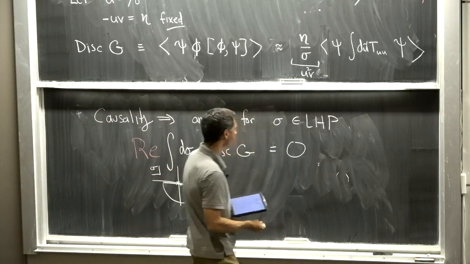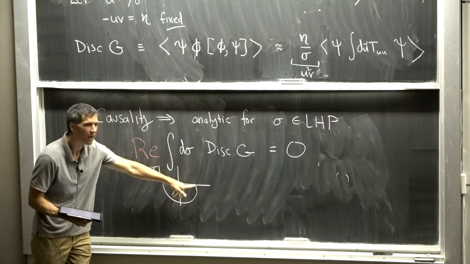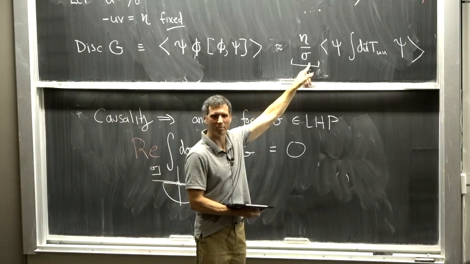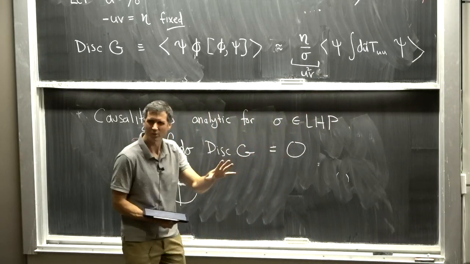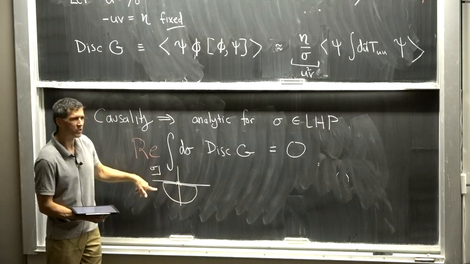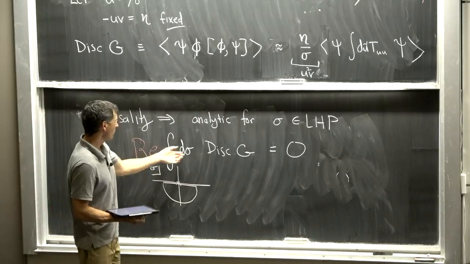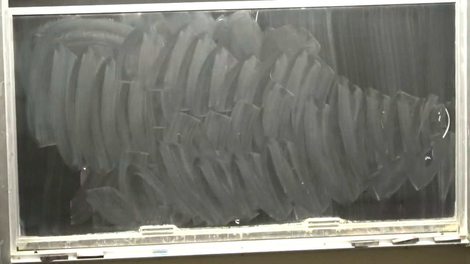The nice thing about the real part is that we're trying to pick a residue. We have this 1 over sigma, and the way you want to pick it up is to do a circle around the origin. We can't quite do that here because it's not analytic at 0. But what we can do is a half circle, its real part. That does the same thing. So when we do this real part, the contribution from the semicircle is going to be our term.